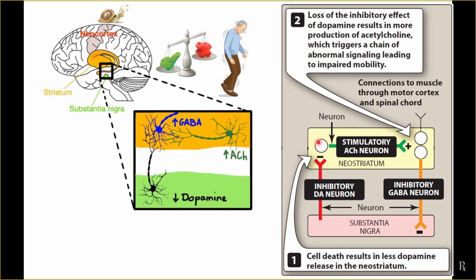And then there is an acetylcholine neuron that is activating the GABA neuron. These GABA neurons then back inhibit the substantia nigra, a common inhibitory pathway.